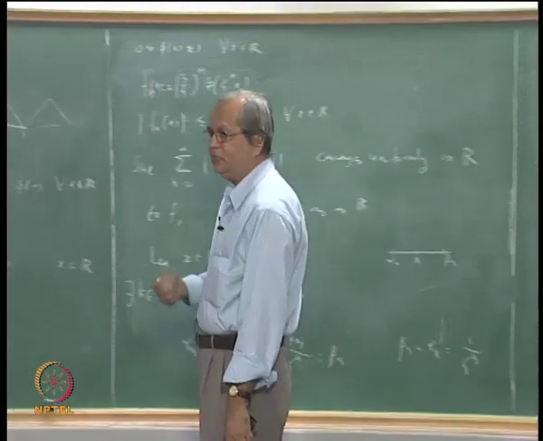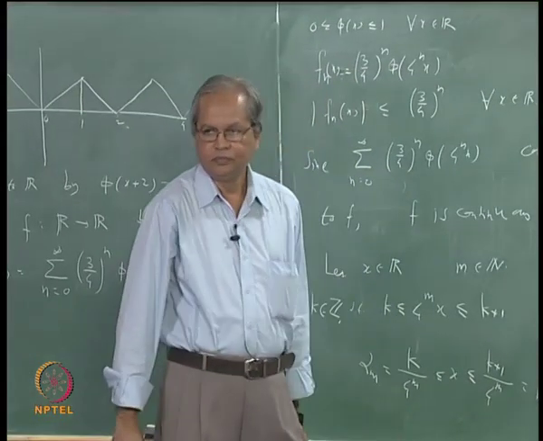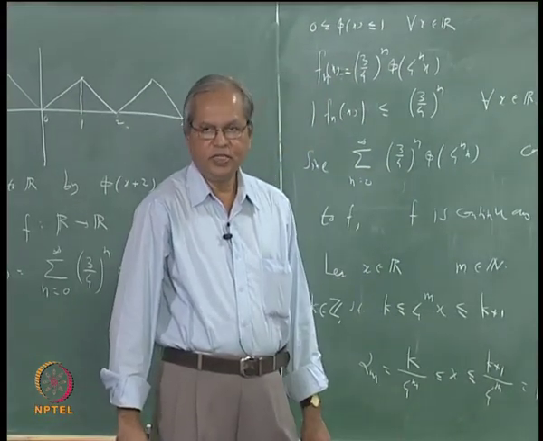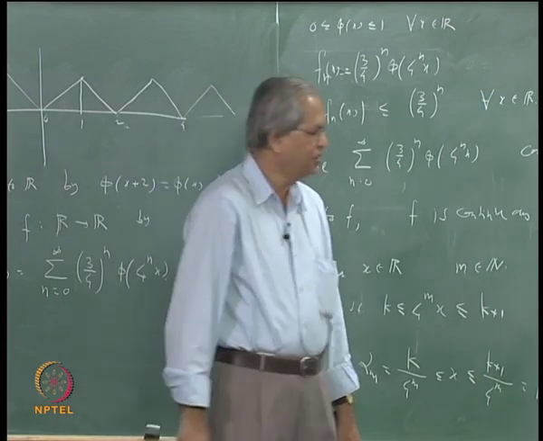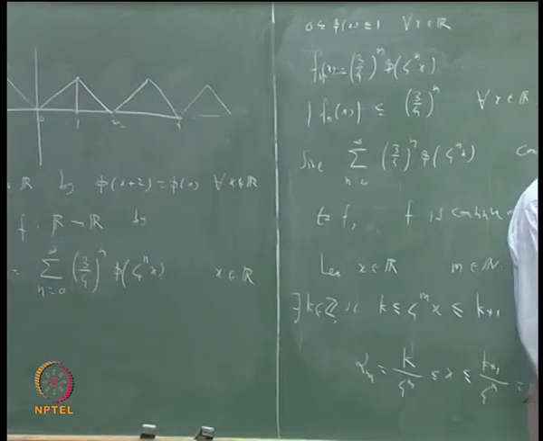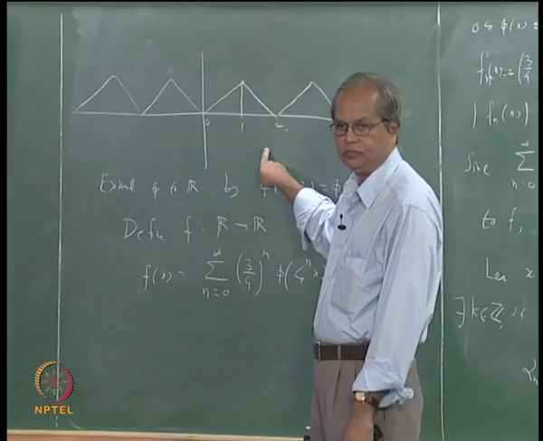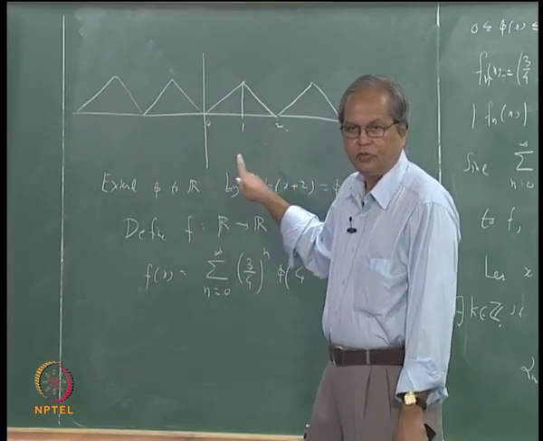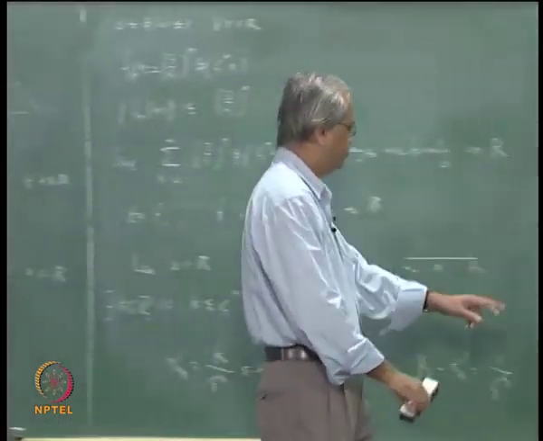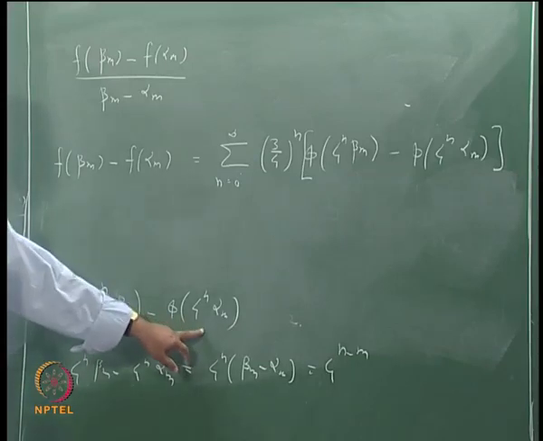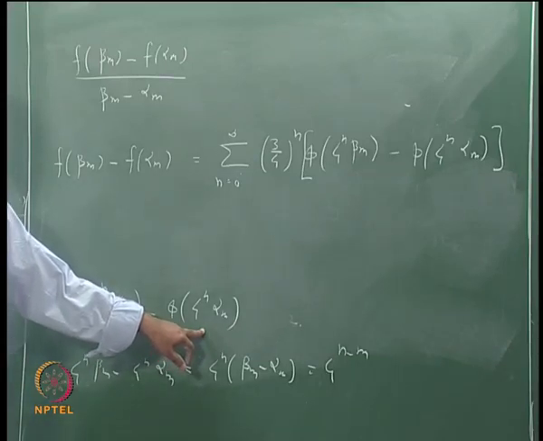Now suppose n is bigger than m. Then this difference is some power of 4, but phi is a periodic function with period 2. So phi of 4 to the power n beta m minus this will be 0 if n is bigger than m.